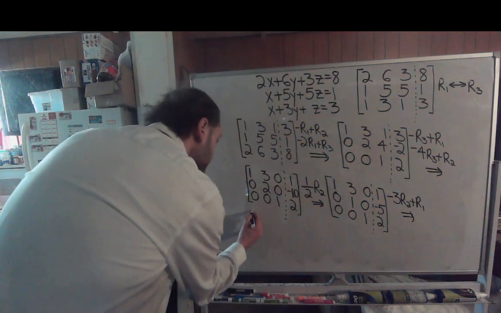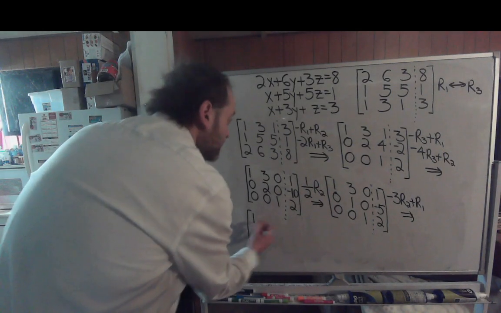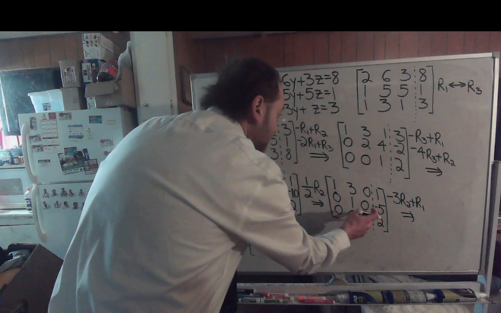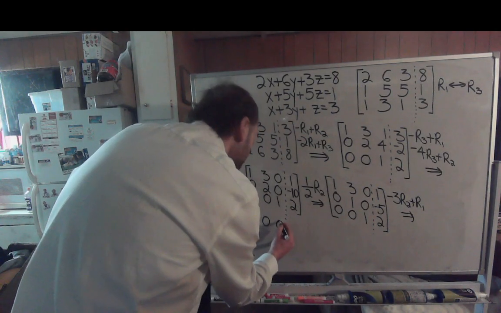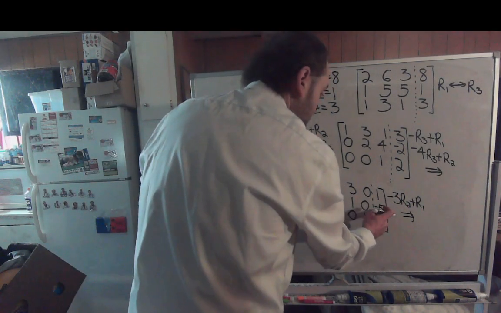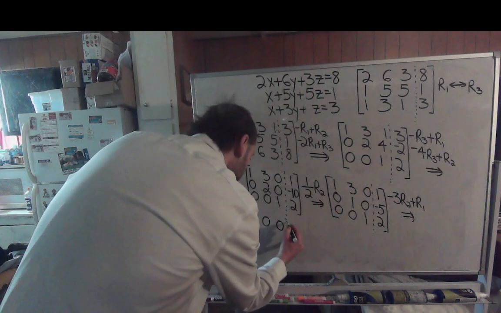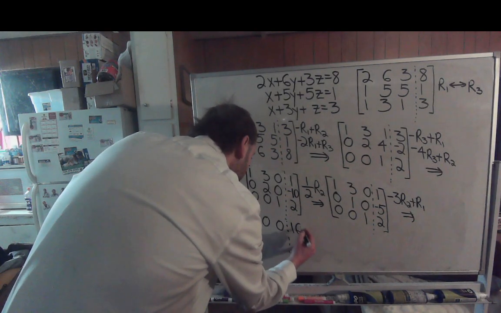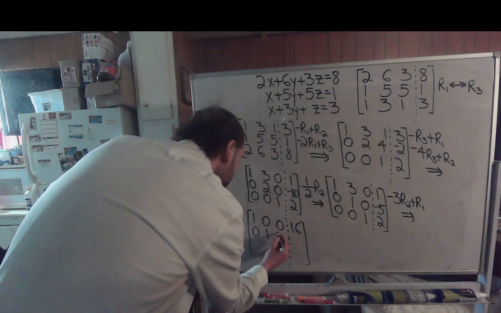So let's see. 0 plus 1 is still 1. Negative 3 plus 3 is 0. And then 0 plus 0 is still 0. Negative 3 times negative 5 is 15. Plus 1 is 16. And then you just have your other two rows that are already reduced.